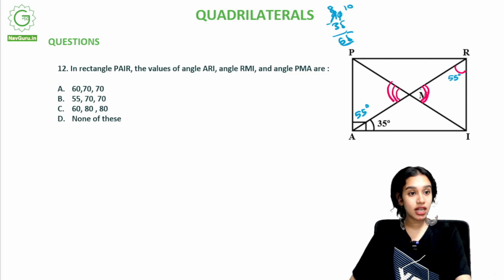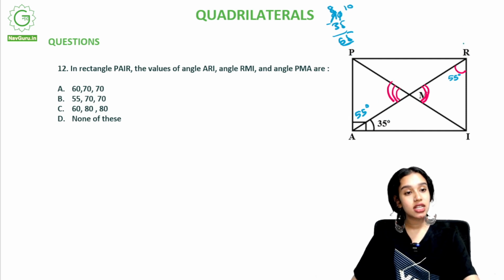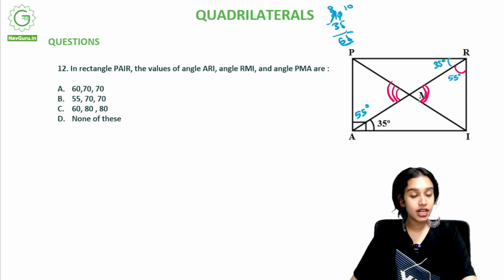Why? Because PA and RI are parallel to each other and it's intersected by AR, right? So the angle between PA and AR is 55 degrees. In the same way, the angle between RI and AR should be 55 degrees. So if this is 55 degrees, this should be equal to 35 degrees, right? Now this is 90 degrees, right?